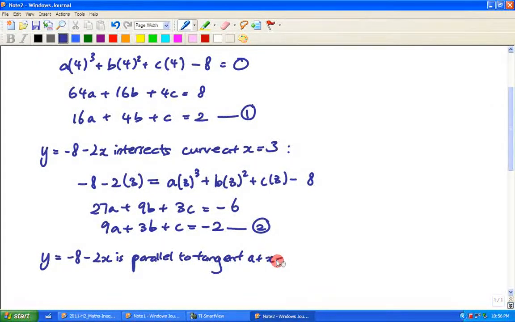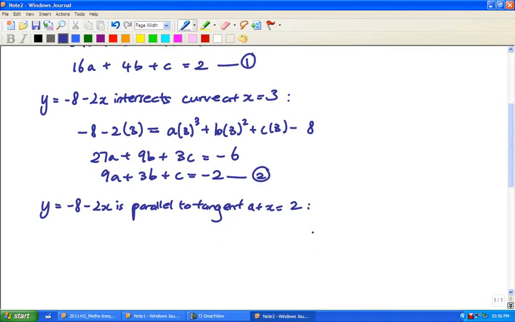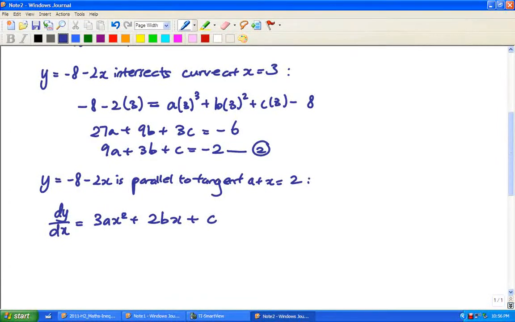From this condition, since we are looking at tangents, let us first find the derivative of the cubic curve. So dy/dx equals 3ax squared plus 2bx plus c. There's no -8 because the derivative of a constant is 0. Now take note that the gradient of this line is -2.